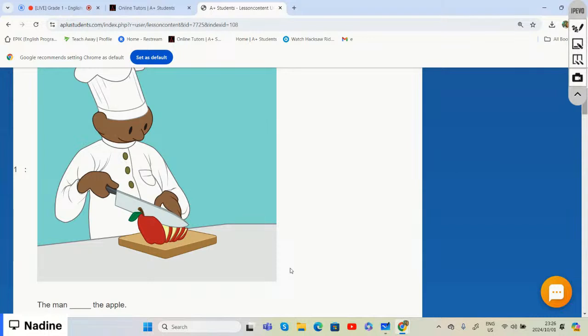What is he doing with the apple? We need to say what the chef or this man is doing with the apple.